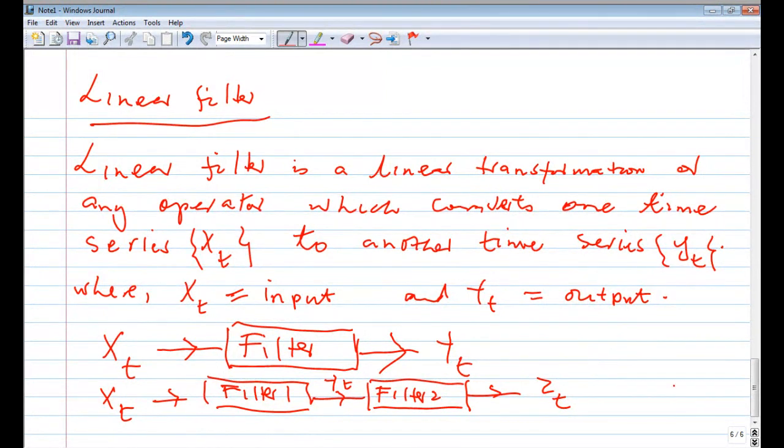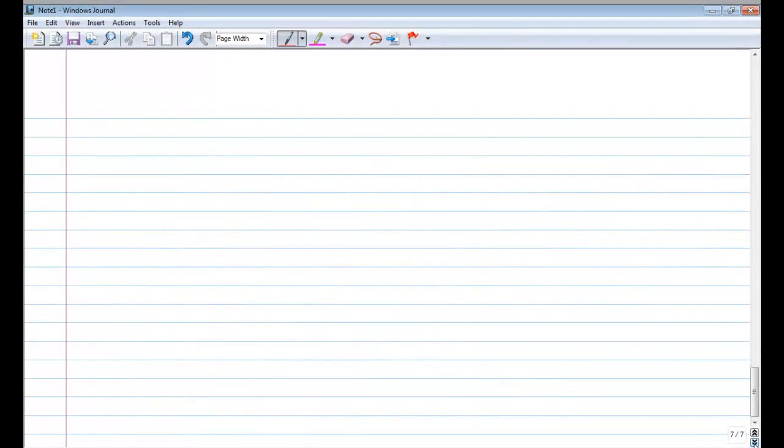Okay, let me go to another page. So the series zt is equal to the summation of ck xt minus k, or xt plus k, doesn't matter. So let's say you have this series zt, which is equal to the summation of ck xt minus k.